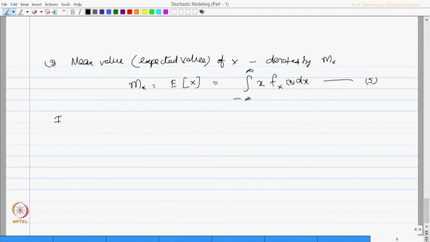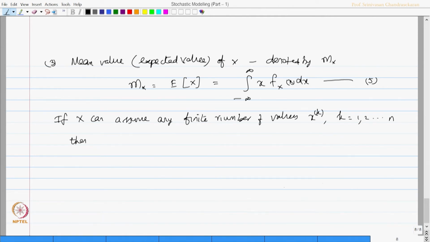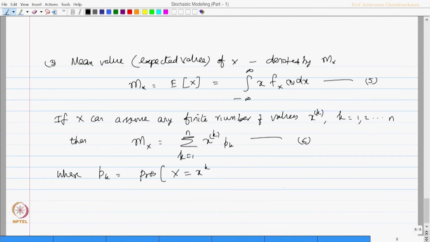Now, if x can assume any finite number of values like xk for k equals 1 to n, then mx is given by the sum over k equals 1 to n of xk pk, where pk is the probability x equals xk.